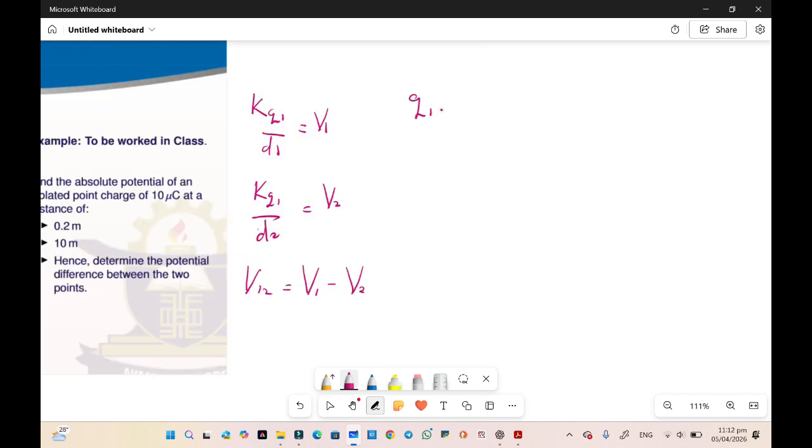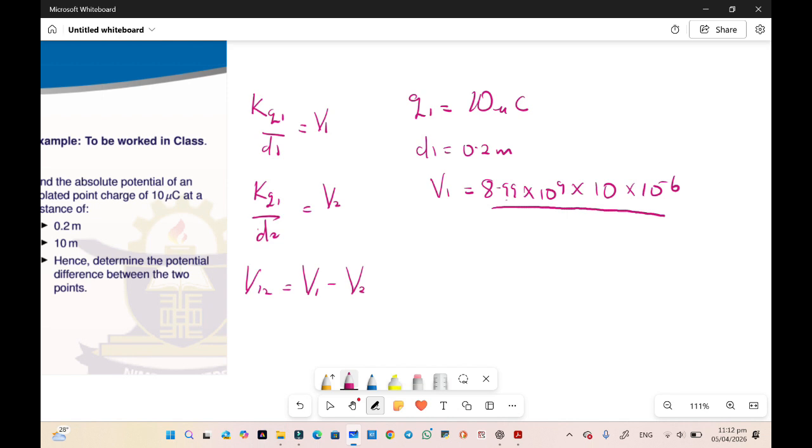Q1 is equal to 10 microcoulomb. Then at a distance D1 of 0.2, we have V1 equal to K, which is 8.99 times 10 to the power 9, times 10 microcoulomb, so times 10 to the power minus 6, divided by D1, which is 0.2.